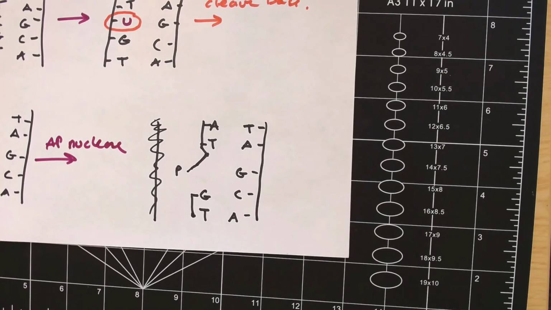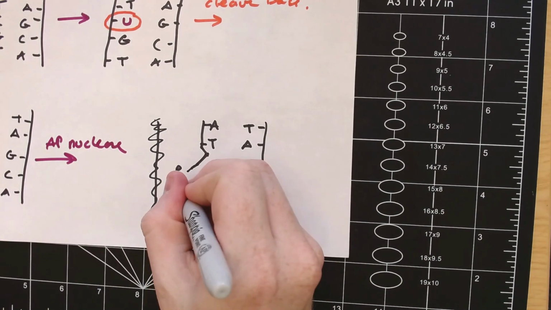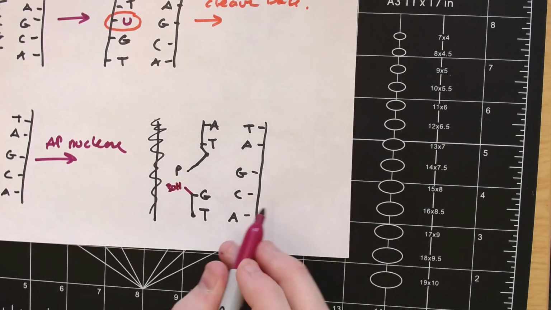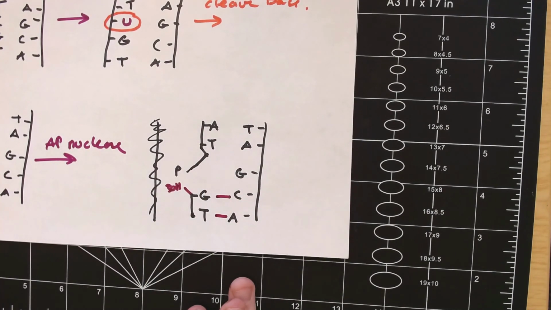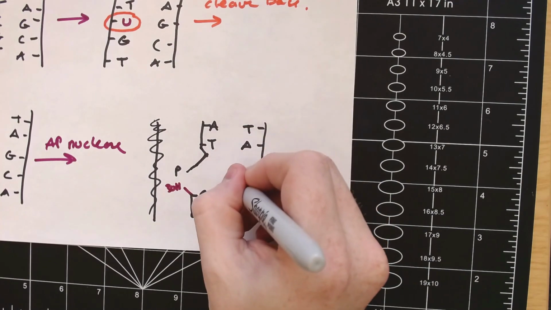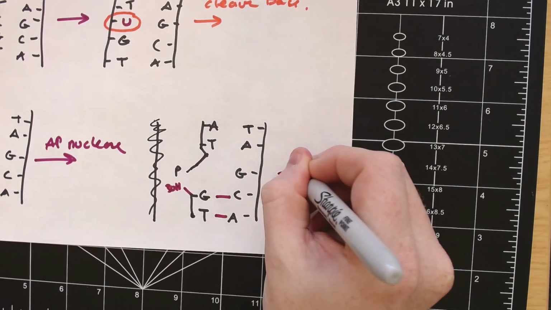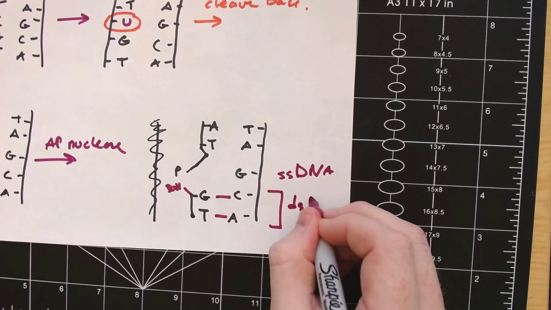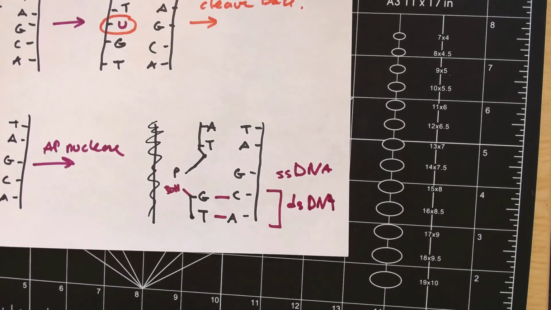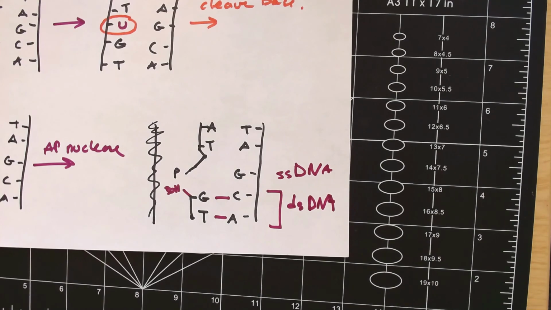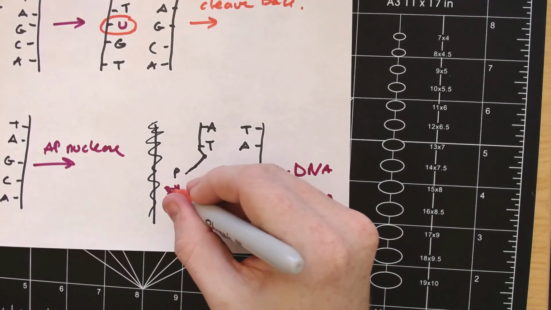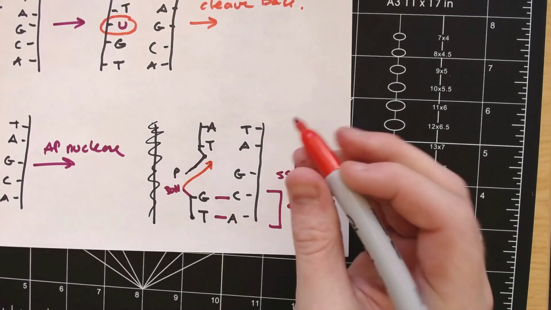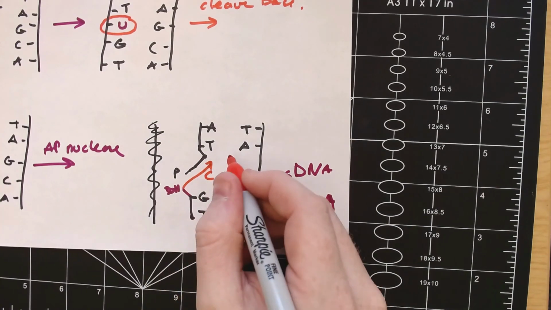And the key thing to recognize is that we have a 3' OH here. We've got base pairs here. And then we've got a single nucleotide here of single-stranded DNA, whereas this stretch here is double-stranded DNA. And from here, it's simply a matter of polymerase using the 3' OH here to go ahead and extend, and it will put a C here.